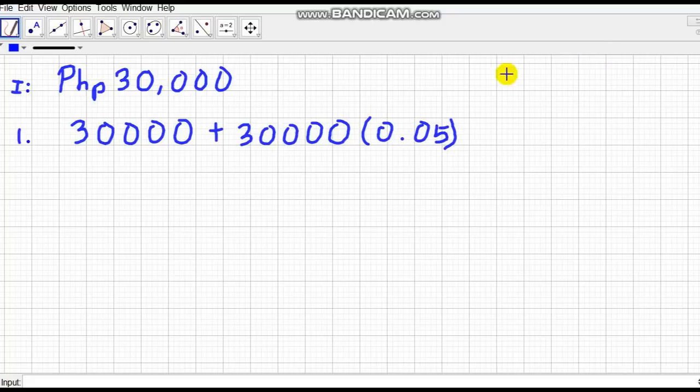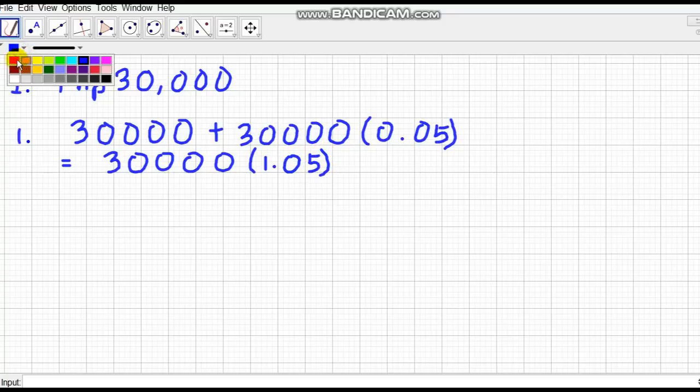Now, since this is 100% of the 30,000 and this is the 5% of 30,000, we can simplify it with a single term. We can have it as 30,000 times 1.05. How did this happen?